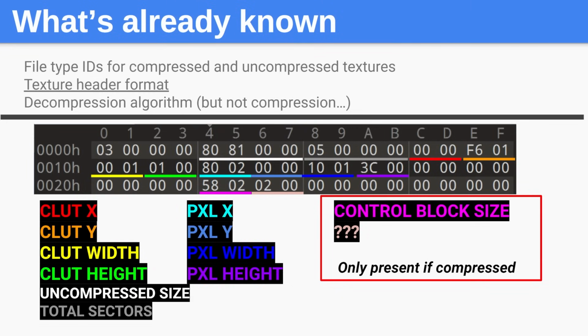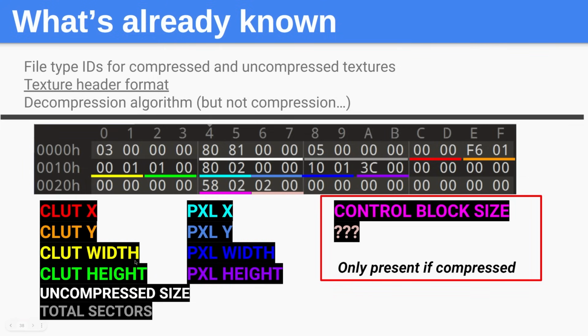What's also known is the header format for textures. So for file IDs of 3, we know what all these other file attributes are. For example, the CLUT X position, the color lookup table Y position, the pixel data X position, the pixel data Y position. These coordinates are in VRAM, by the way. I go over how graphics work on the PS1 in a different video that'll be linked below.